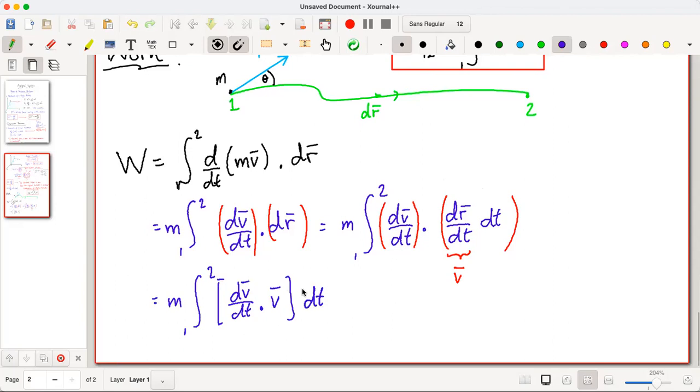What does this term inside the parenthesis mean? Is it zero because they are both velocity? First of all, this is not the velocity and the velocity, but the derivative of velocity and the velocity.